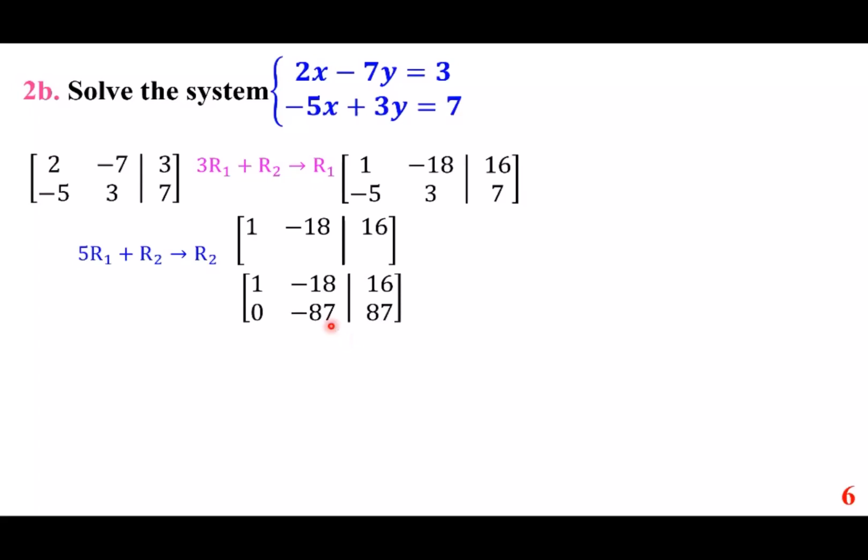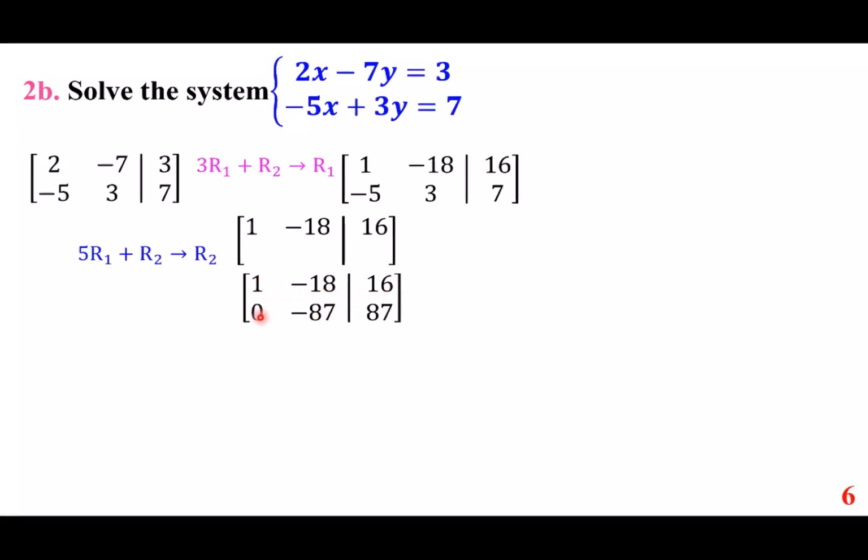If you don't want to continue, this one can be changed to 1 by dividing by -87. However, just for the meaning of this, I want you to see that this means 1 times x, meaning x minus 18y equals 16.